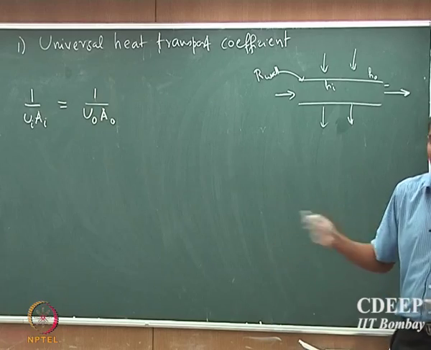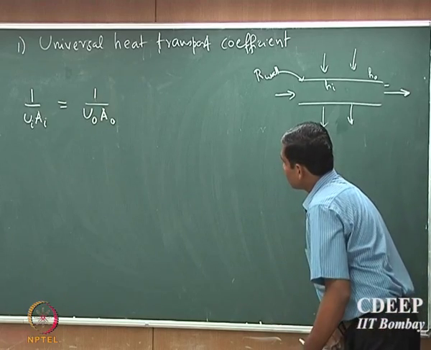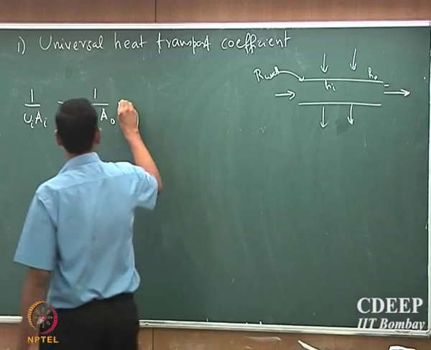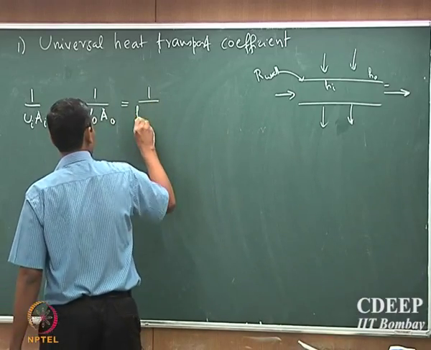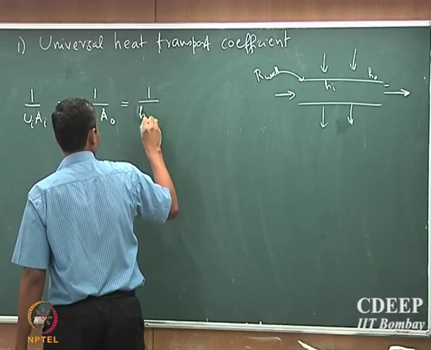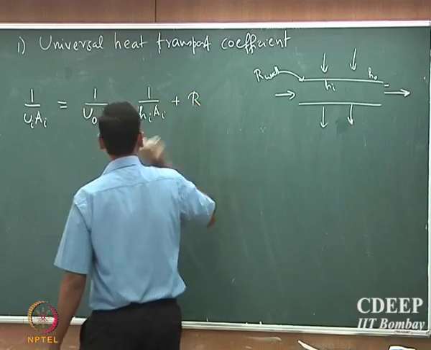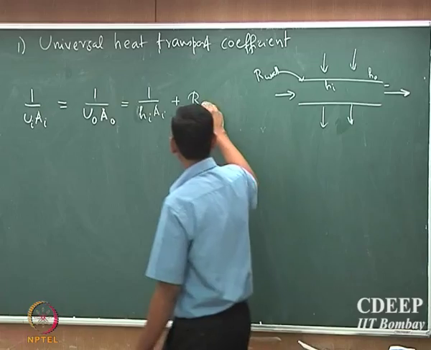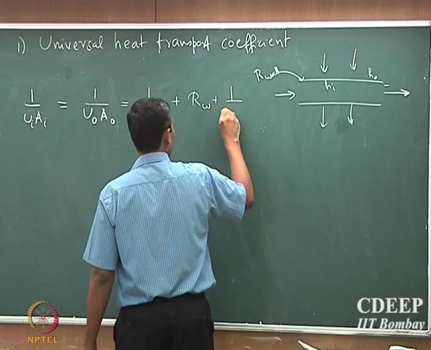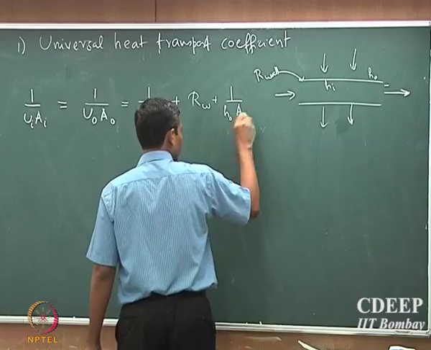We have already seen this. So, that should be equal to 1 by Hi AI plus the resistance offered by the wall plus 1 by HO times AO.